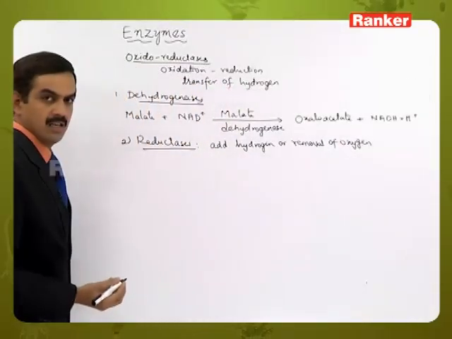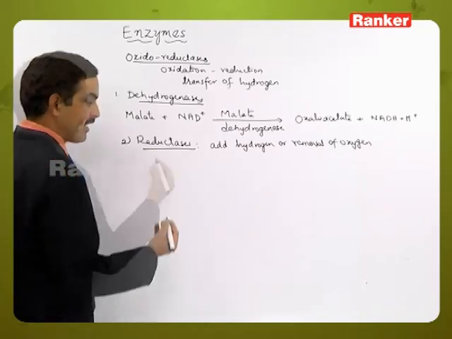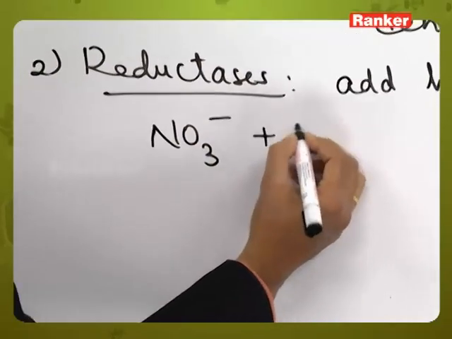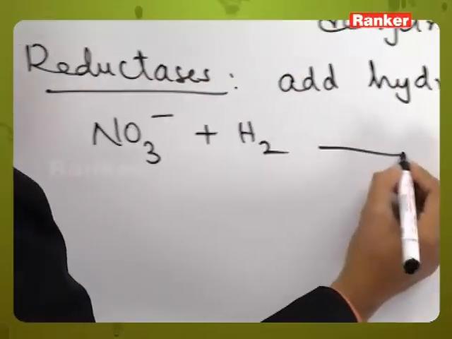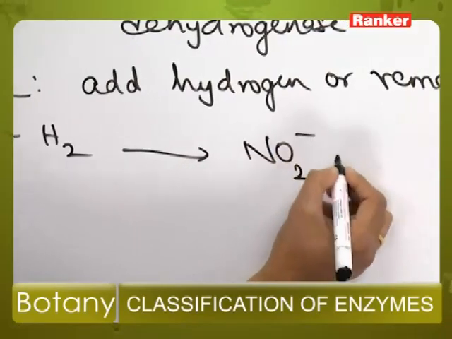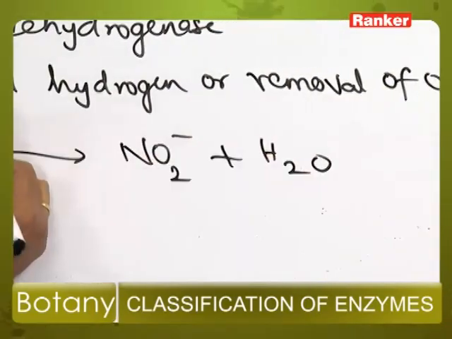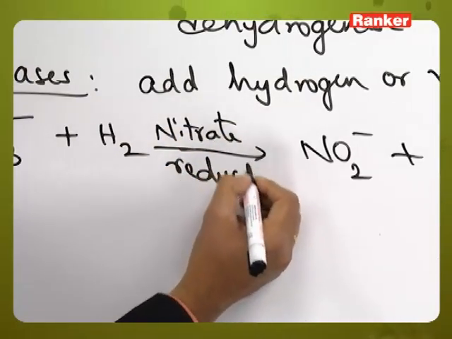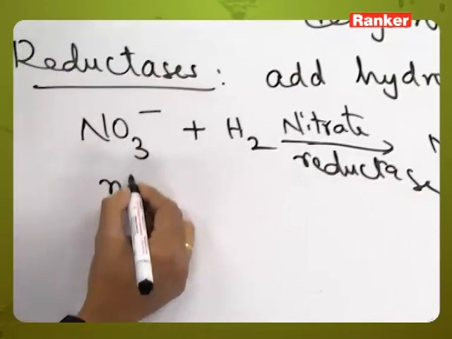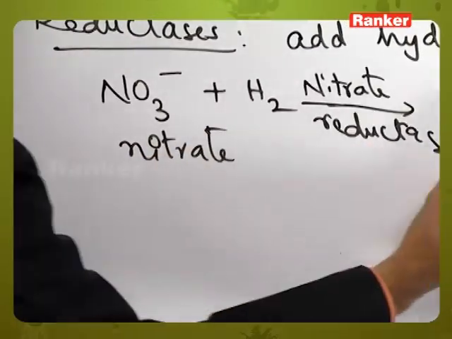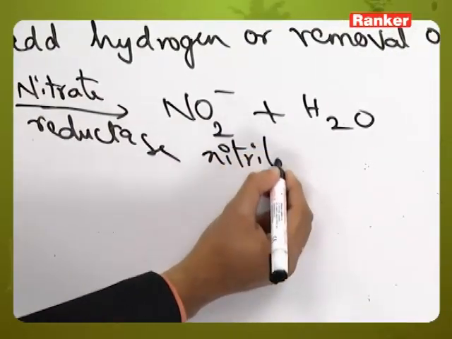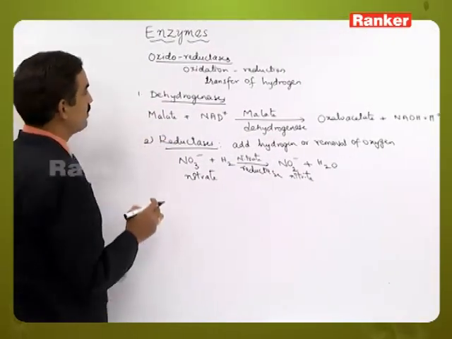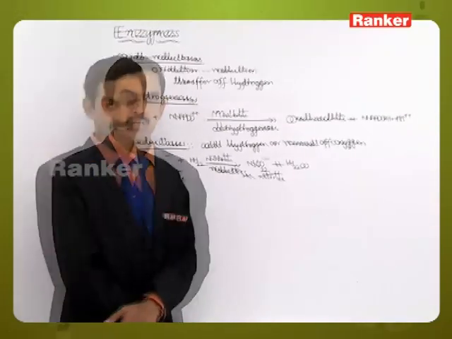Nitrate reductase is the enzyme concerned with this type of reaction, where the nitrate molecule is added with hydrogen to form nitrite. This is catalyzed by an enzyme called nitrate reductase, where the nitrate molecule is converted into nitrite molecule. So these are the 2 subclasses present in the oxidoreductases.